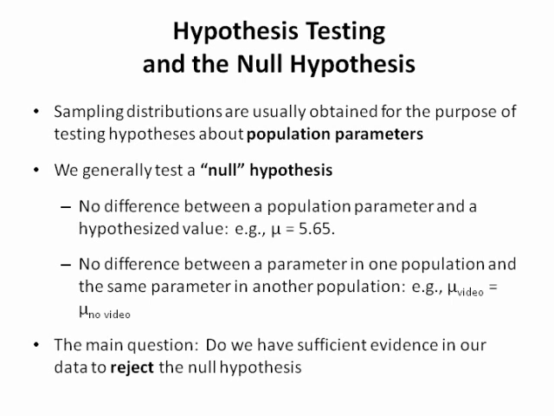Or we can say no difference between a parameter in one population and the same parameter in another population. So the mean for those who watched the video versus the mean of those who did not watch the video. There are a number of different ways we can test the null hypothesis. What I want you to understand is that when we are going through hypothesis testing, it is the null hypothesis that we are putting under a test. We want to see whether sufficient evidence is available in our data to reject the null hypothesis.